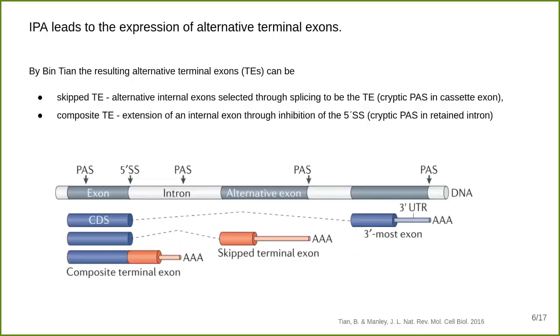Any intronic polyadenylation event is associated with expression of an alternative terminal exon. Thus, intronic polyadenylation events are often classified based on the type of this exon. Skipped terminal exons are results of cleavage and polyadenylation happening in a cassette exon, while composite terminal exons appear when cleavage and polyadenylation happens in the retained intron.